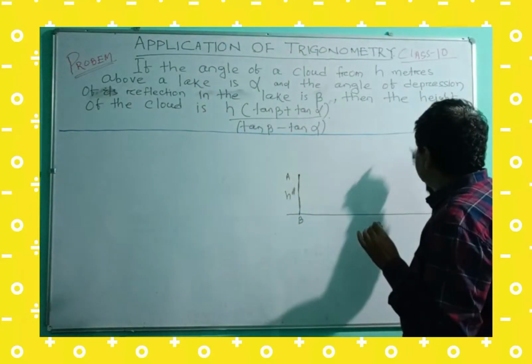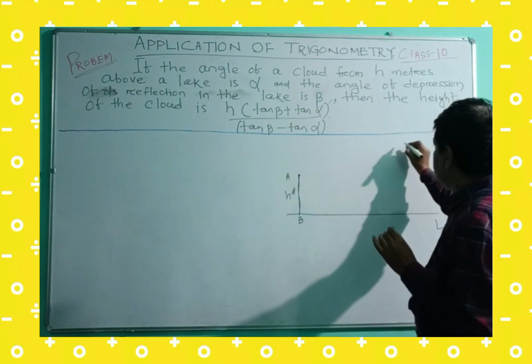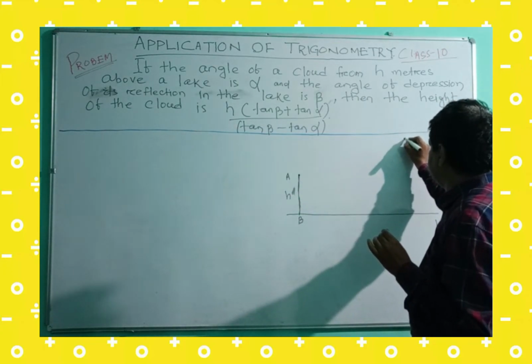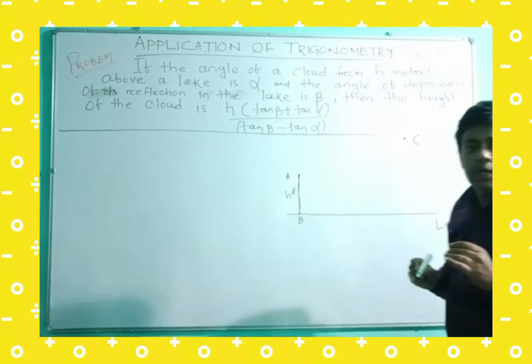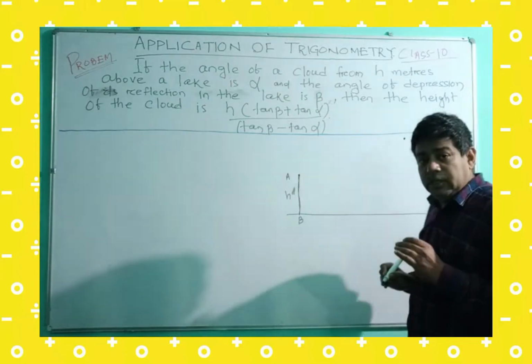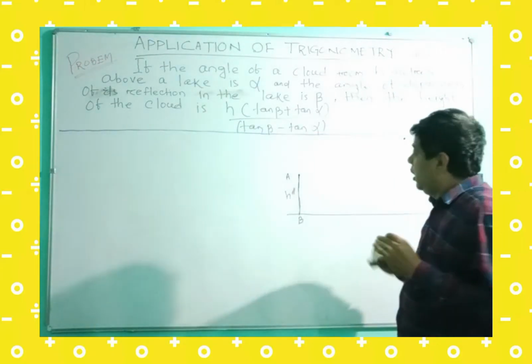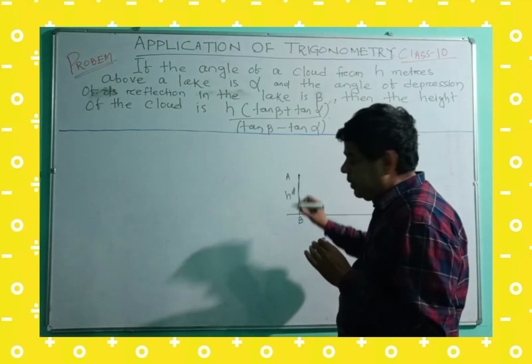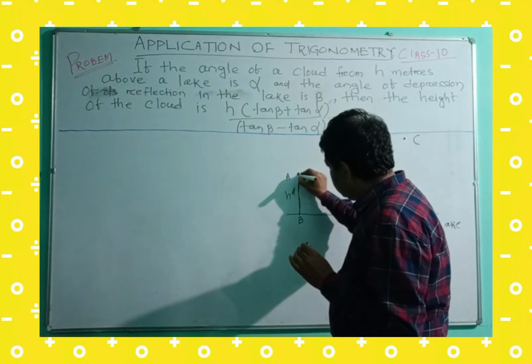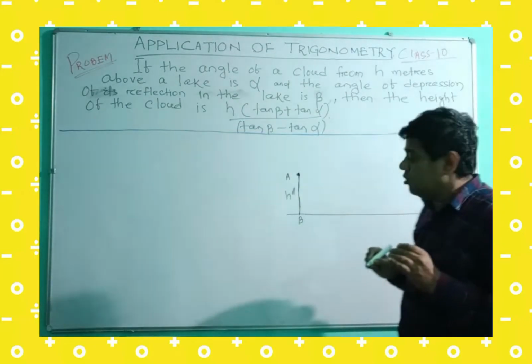And there is another point, saying there is a cloud at the point C. The observer at point A, which is h meters above the lake, is observing the cloud.